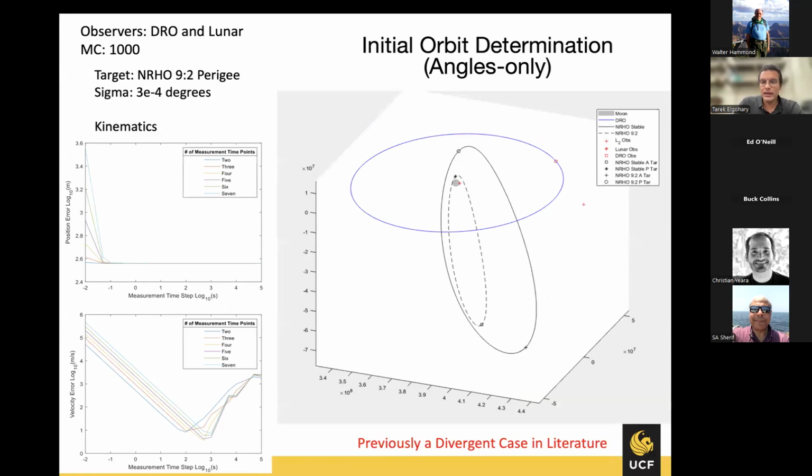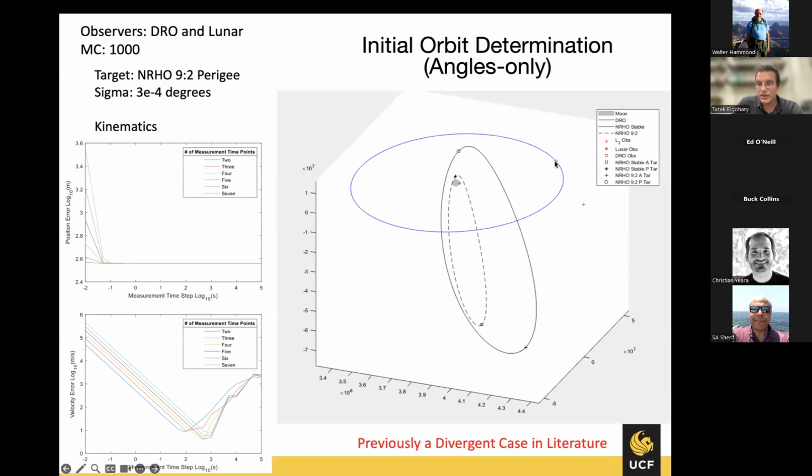So quickly, this case is only an initial orbit determination case. Essentially, we have observers in a DRO orbit. In this cartoon, you see the moon, very tiny, and this is the DRO orbit.